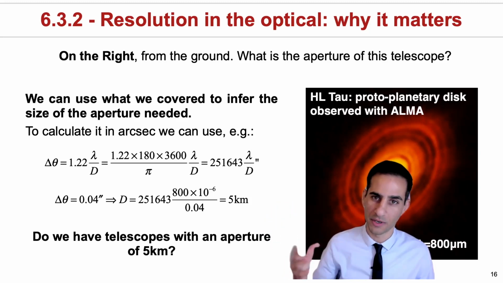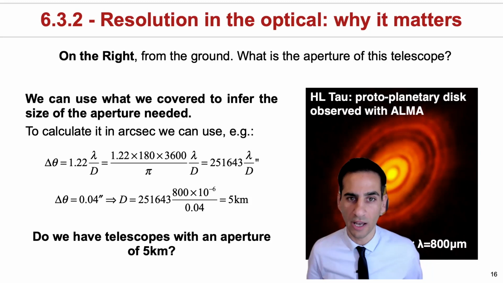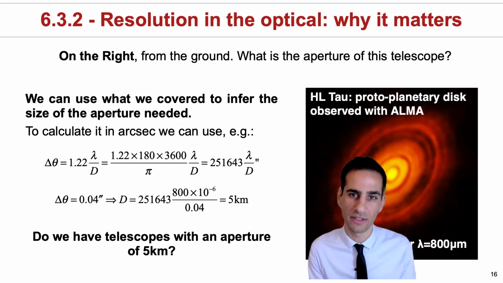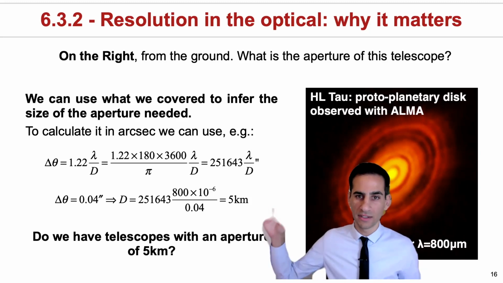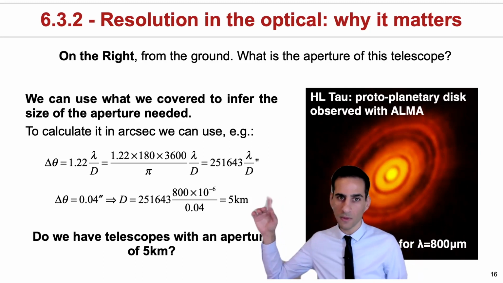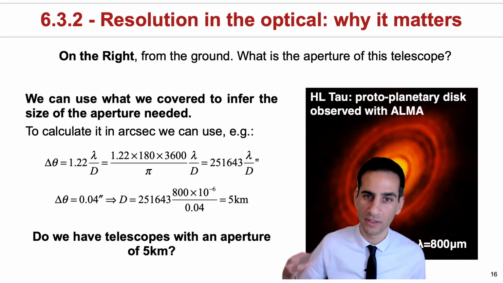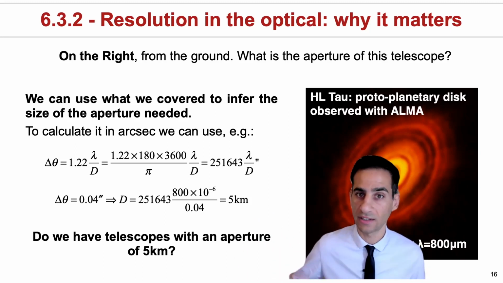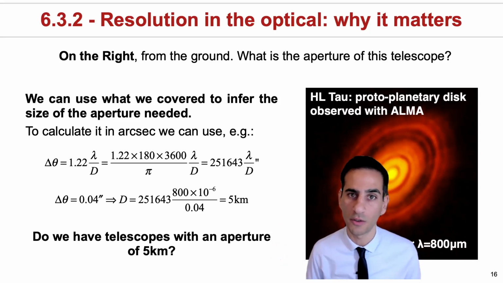But as I was trying to tell you, there is no such thing as a telescope with 5 kilometers. What we actually do have is a neat technique where we can combine different telescopes, and where instead of using this d, we'll be using the largest distance between telescopes or antennas. And at the end of this playlist, we will discuss a little bit about this technique, which is called interferometry.